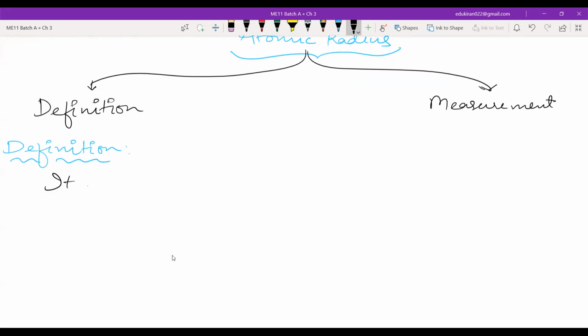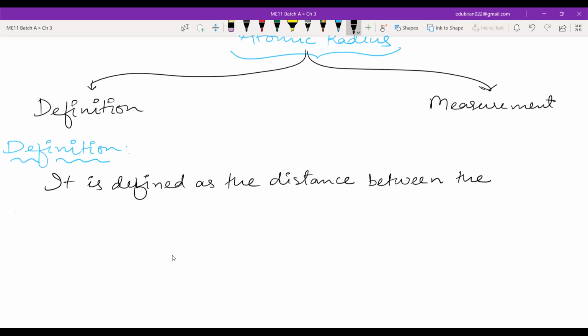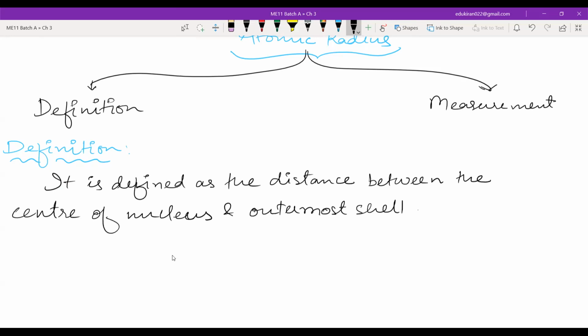It is defined as the distance between the center of the nucleus and the outermost shell, where the electrons or electron is present.